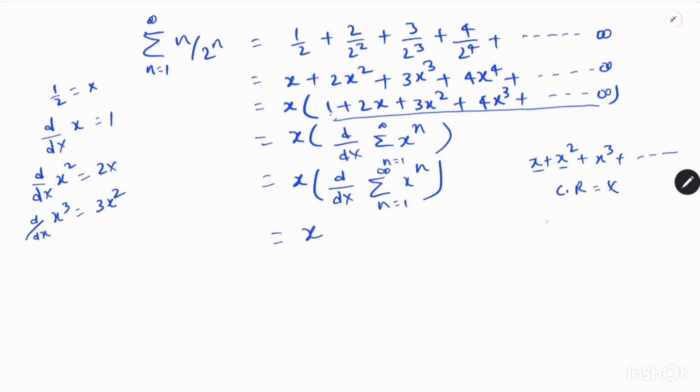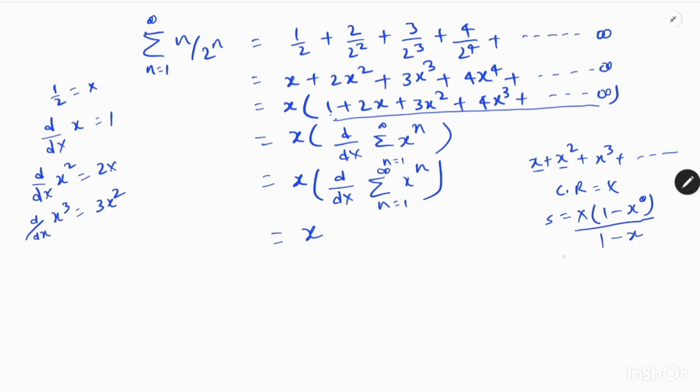So the sum equals a, which is x. I mean, a means first term, so first term is x into 1 minus common ratio to the power infinity by 1 minus x, right?